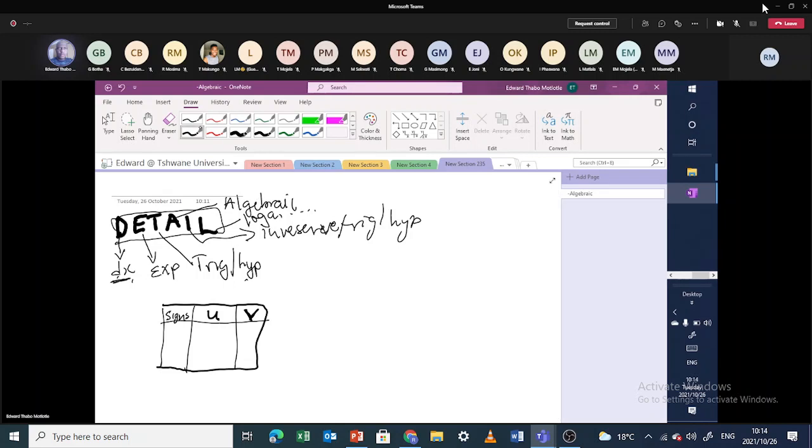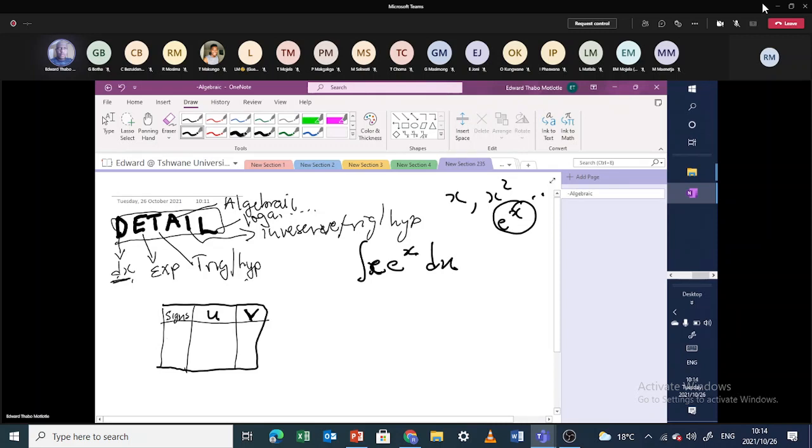Now, let's start with the first expression, e to the power x dx. According to this, exponents come before algebraic. Algebraic is x, x squared, and so on. Here, we are speaking specifically about e to the power x, which is our exponent.